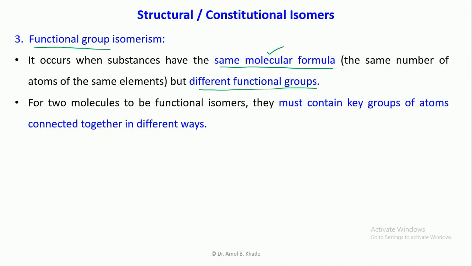Even though we are changing the functional group from one functionality to the other, the molecular formula still remains the same. So for two molecules to be functional isomers of each other, they must contain the key groups of atoms connected together in a different way. Okay, so we will see how it can be possible.